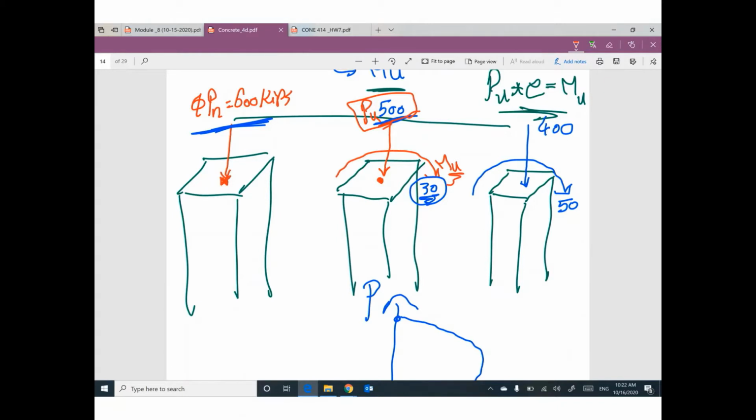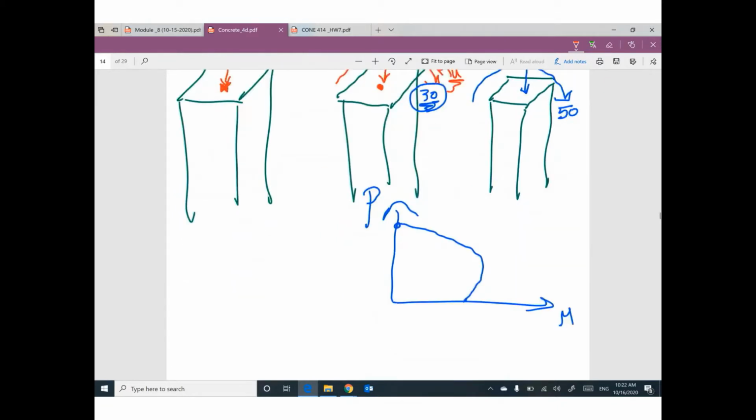So can you see? If the moment is 0, I believe you will get the maximum, the greatest value of P. Once the applied moment increases, the capacity decreases, the axial capacity, I'm sorry. And that makes sense.